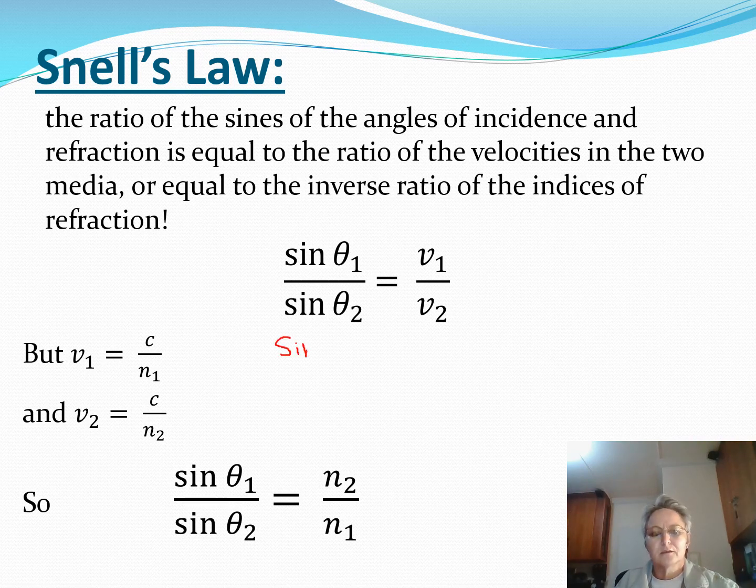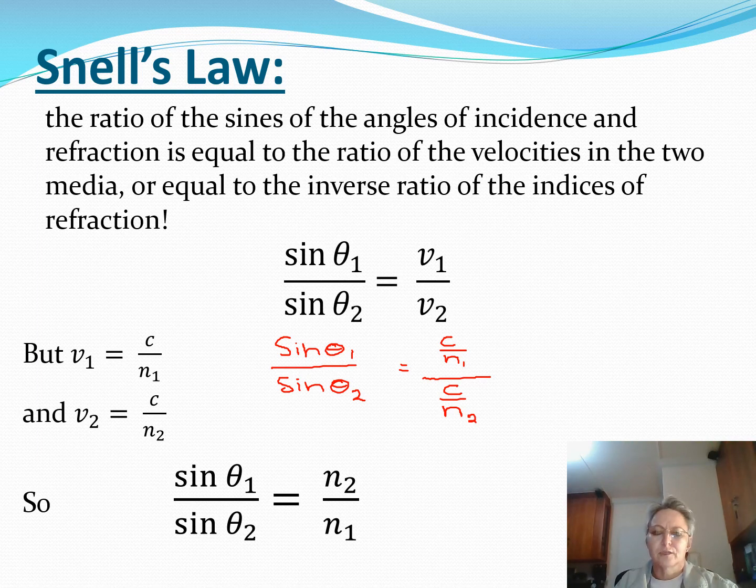Sine theta 1 over sine theta 2 equals c over N1 divided by c over N2.